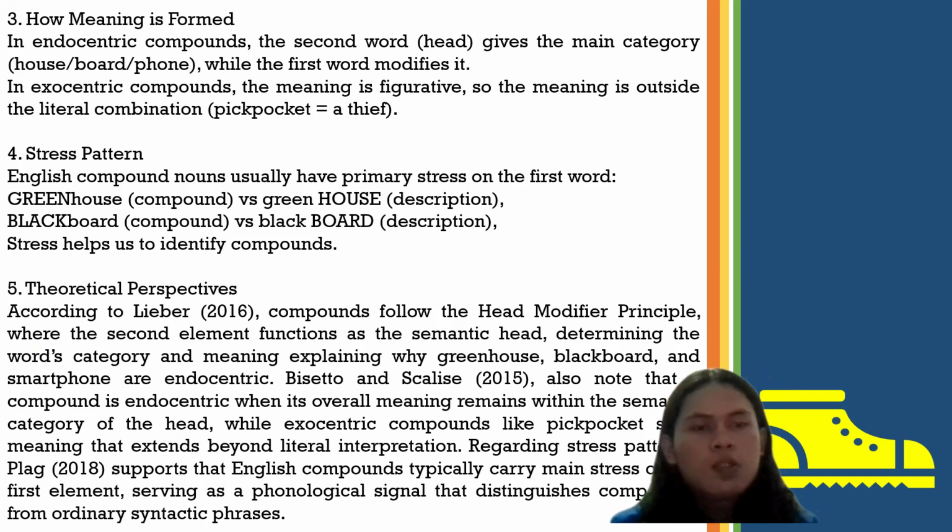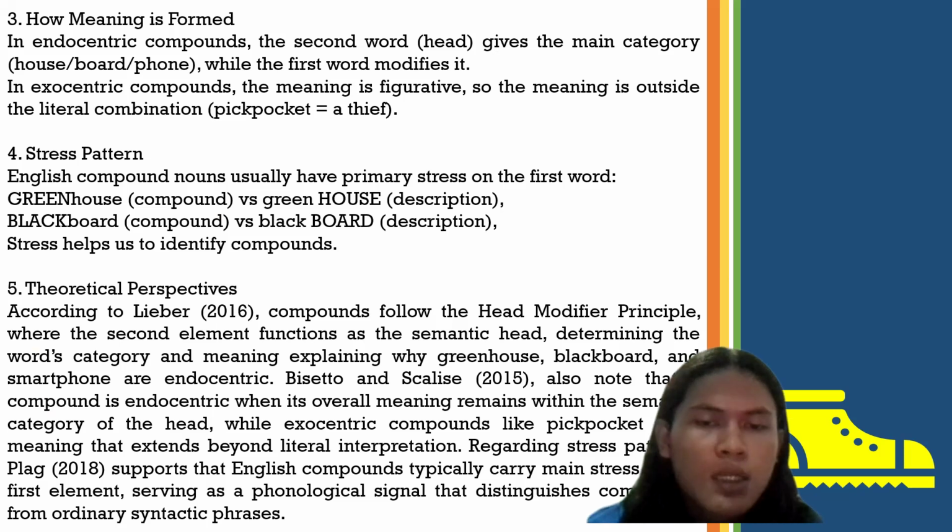And last is theoretical perspective. According to Lieber, 2016, compounds follow the head-modifier principle, where the second element functions as the semantic head, determining the word's category and meaning, explaining why greenhouse, blackboard, and smartphone are endocentric.